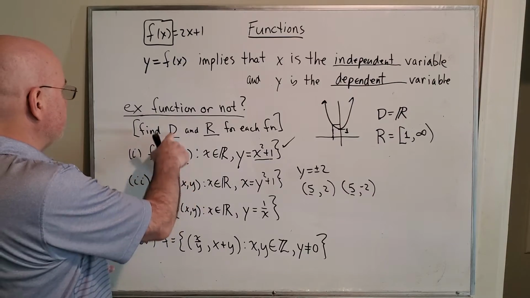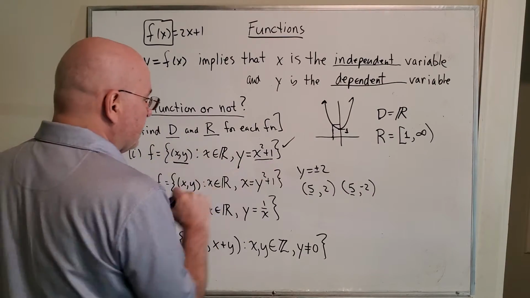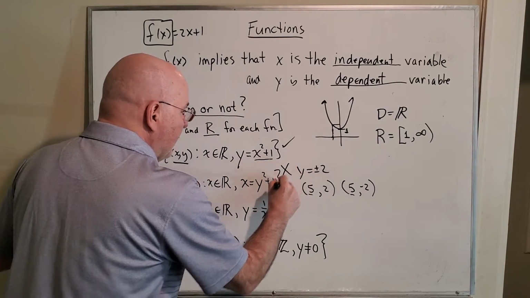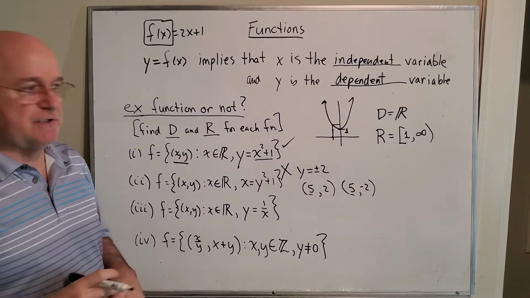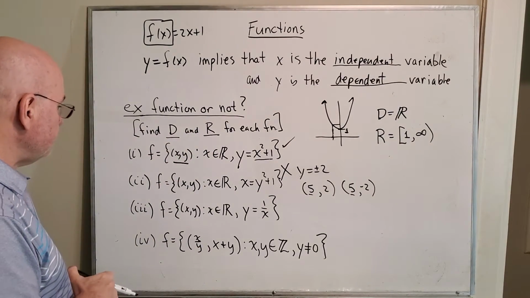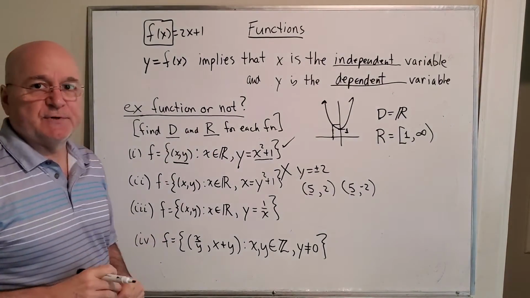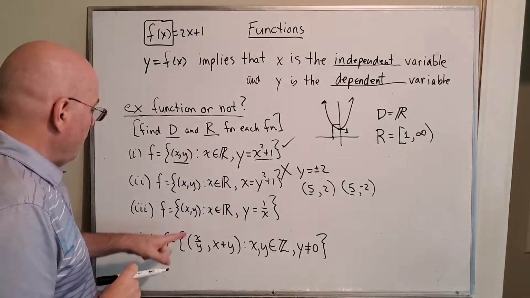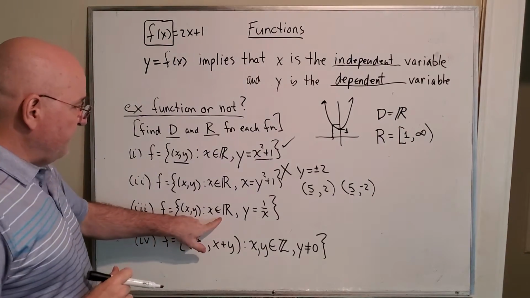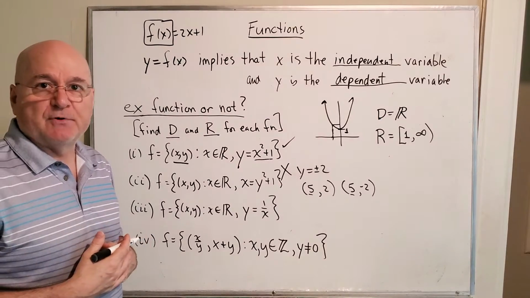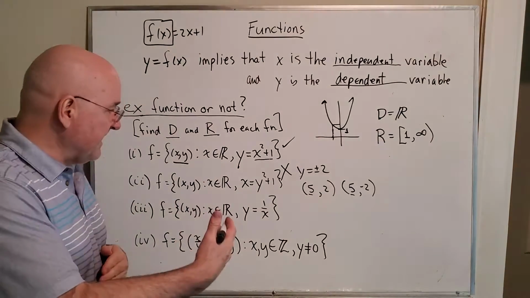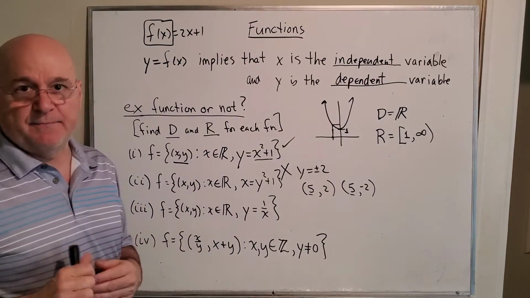So I'm not going to put a check mark by it, I'm going to put an X. It is not a function. The next one is a little tricky. We want all the ordered pairs where the first number comes from the real numbers, and y, the second value, is 1 over that number.